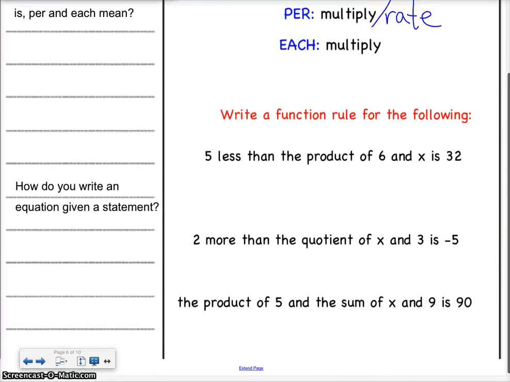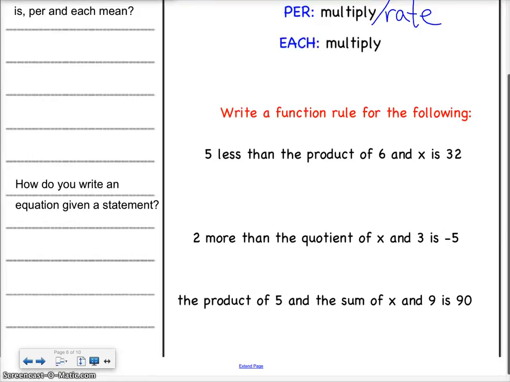First one's not hard. We've done this in Unit 1. So we're given a word phrase and we have to create a numerical expression, or a numerical function rule, that goes with it. So 5 less than the product of 6 and x is 32. I know that it should be equals 32, because that's where the is. Now I need to figure out what goes on the left-hand side. 5 less than the product of 6 and x.